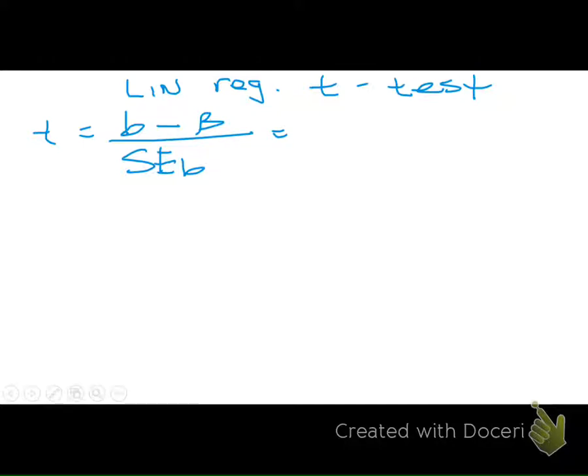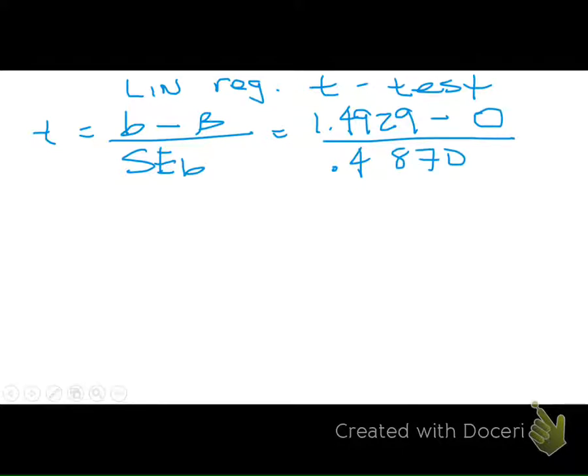Our slope directly from our computer printout was 1.4929. The hypothesized slope is 0. And again, from the computer printout, the standard error of the slope is 0.4870.